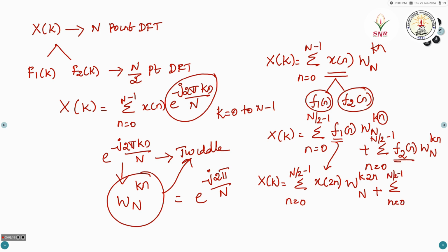This f2(n) can be written as x(2n plus 1) into W_N^k, where instead of n we need to write it as 2n plus 1. So now we will go for the next step.